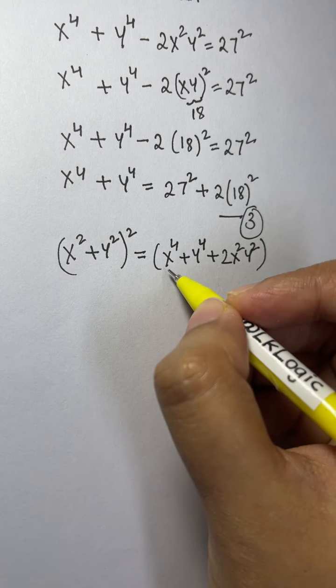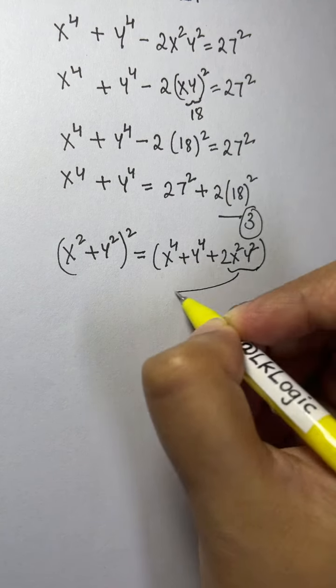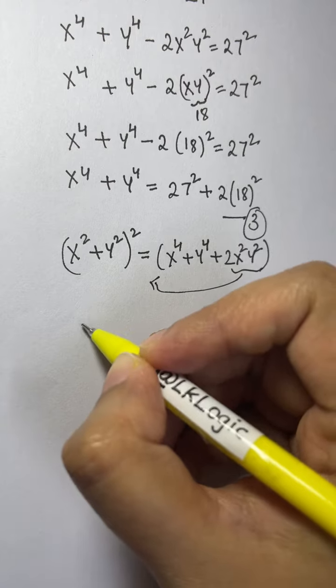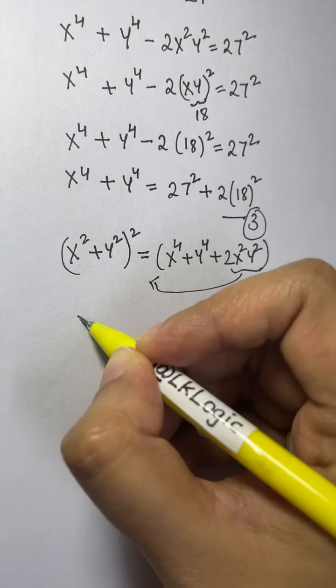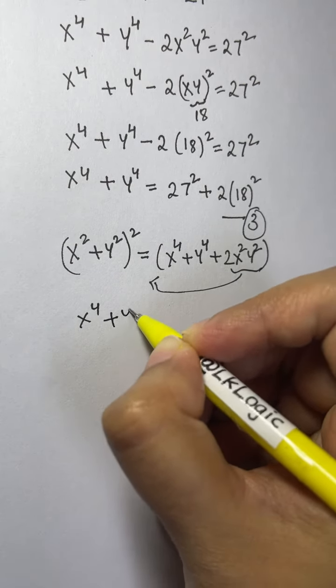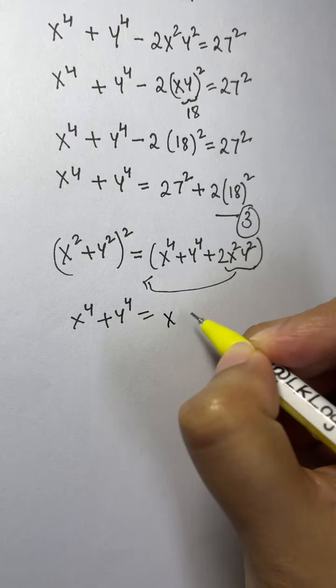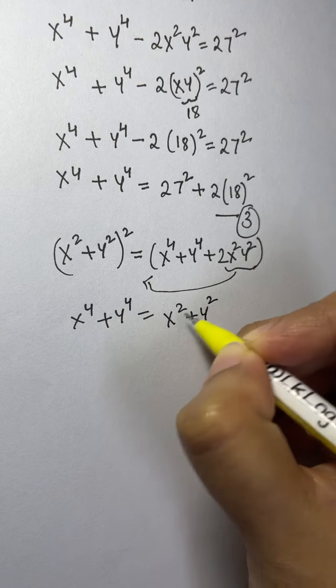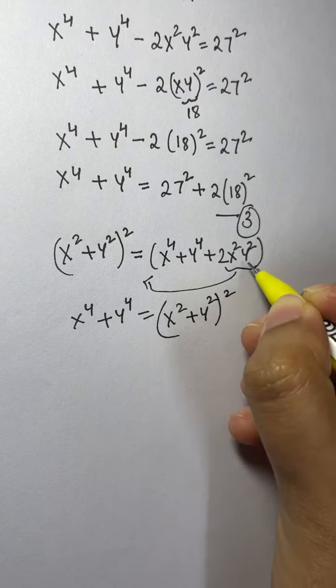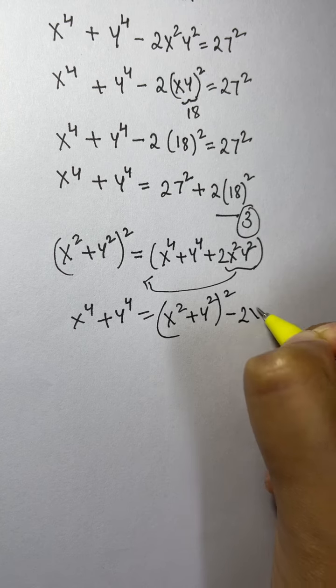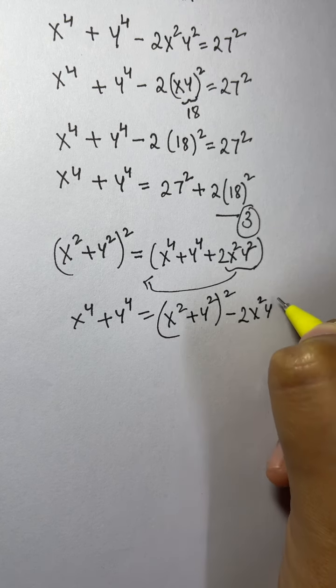Now let me take this part on this side. So I have x to the power of 4 plus y to the power of 4 is equal to this whole thing, x square plus y square the whole square minus 2x square y square.